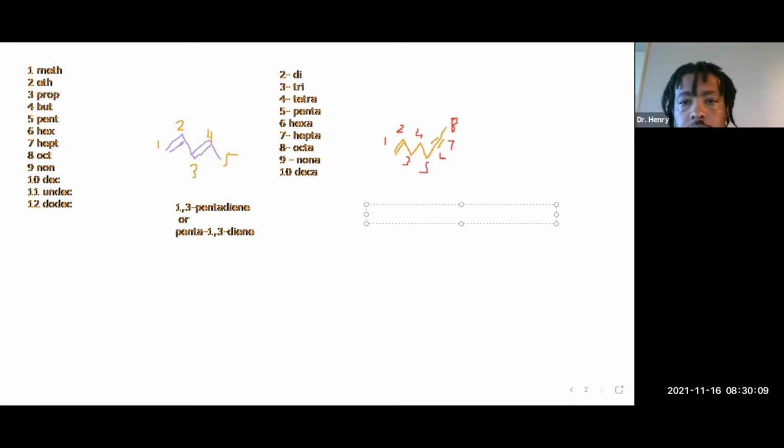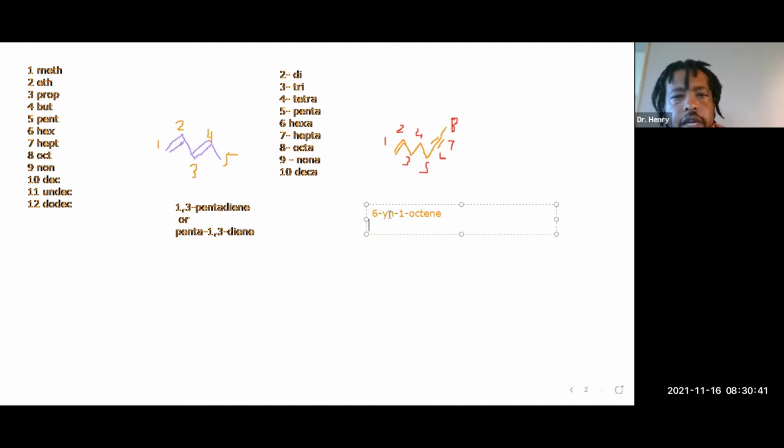The first would let us know that we have a triple bond, so we put where the triple bond starts, 6-yn, and then we say where the double bond is located, 1, and since it's an 8 carbon chain, it would be octane. Okay, so that would be one way of naming it.